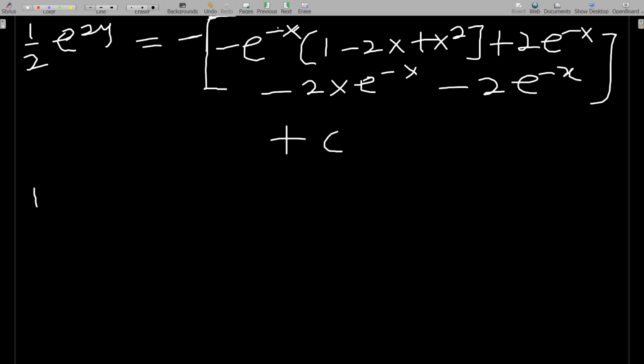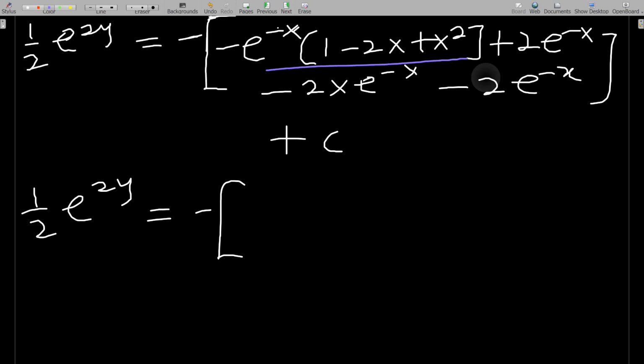So I have half e to the 2y equals minus into this. This simplification, you can do it yourself. When you simplify the whole brackets, let me go through it. I started with 1, so I have to end with 1, right?